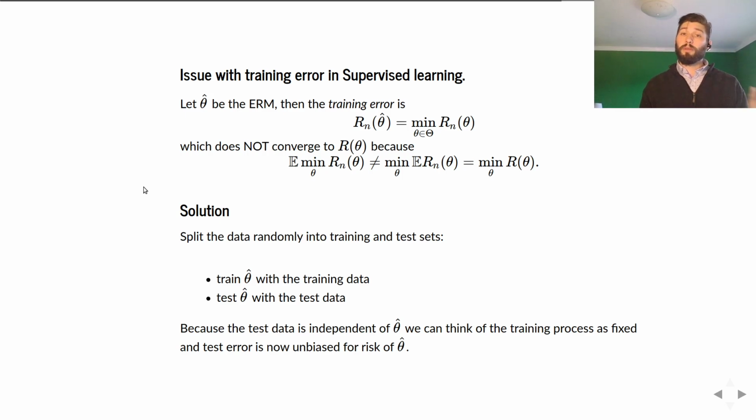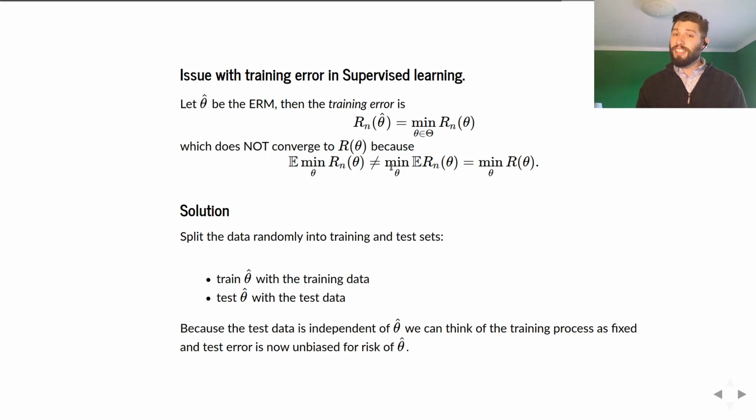So before, when we fixed our theta, then Rn is an unbiased estimate of R. But because theta is selected to minimize this Rn, if we look at, for example, the expectation of Rn of theta hat, that's just the expectation of the minimum of Rn of theta.